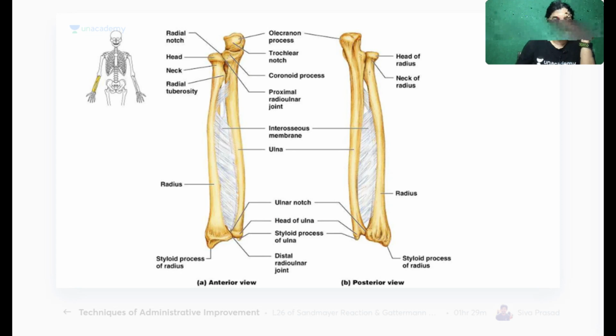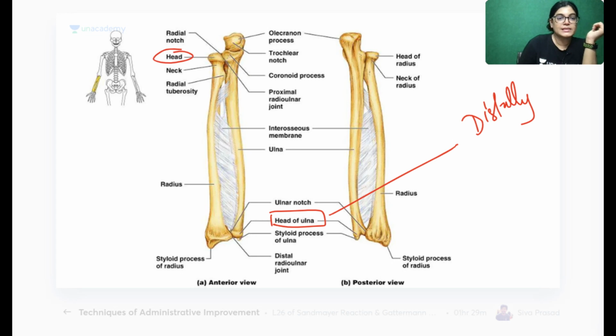So the head of ulna is lying distally, the head of radius is lying proximally, and the two bones are connected by the interosseous membrane.